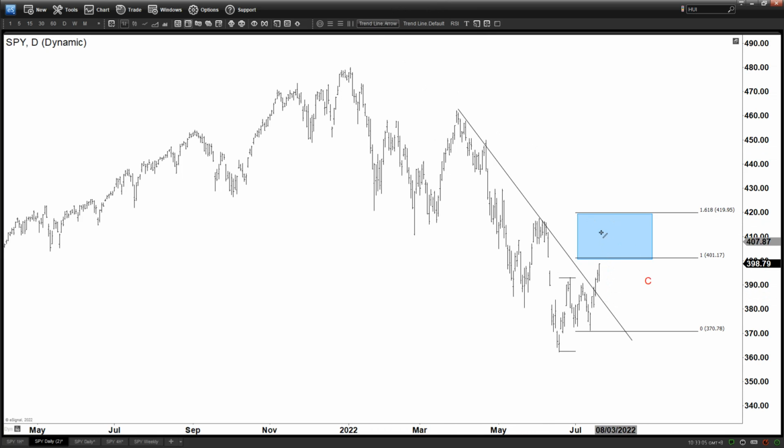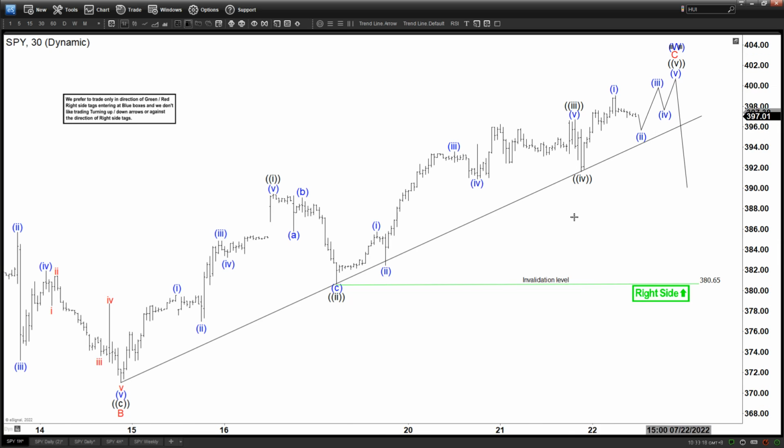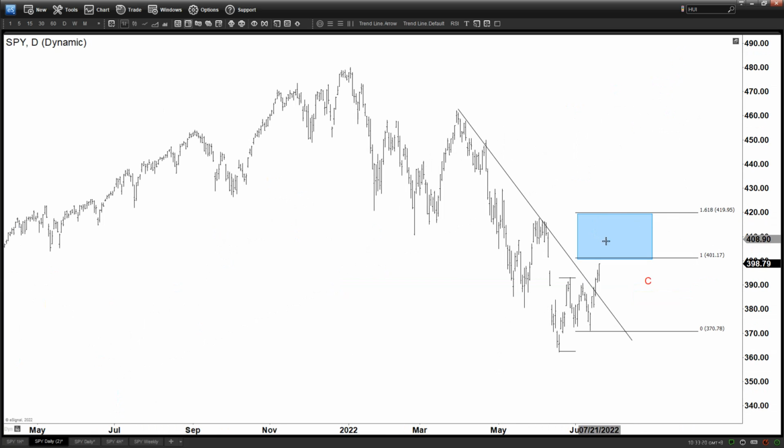If it continues impulsively to 420, then there is an increased chance this is actually a 1, 2, 3, but that's again not our primary view right now. We're looking for this to complete the 3-wave rally soon in this area and then give us a pullback first.